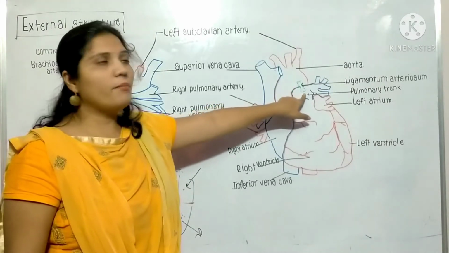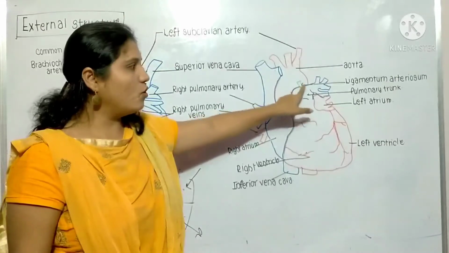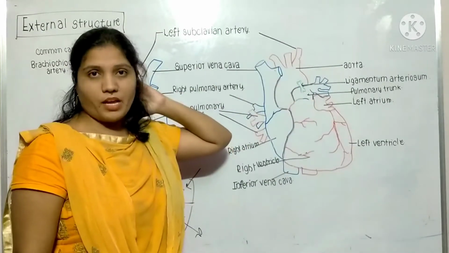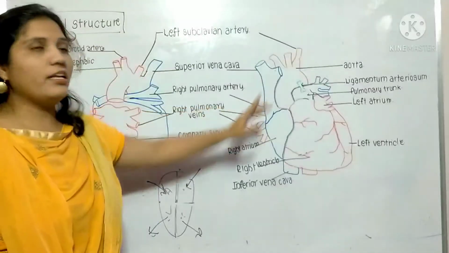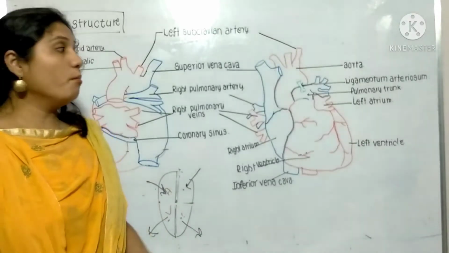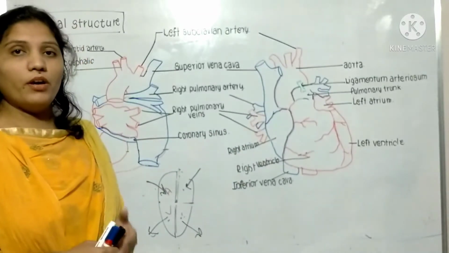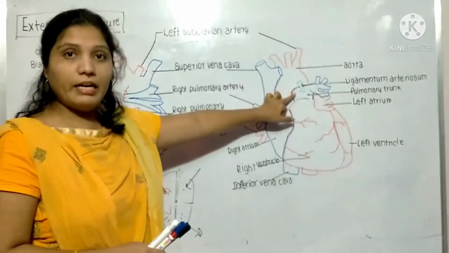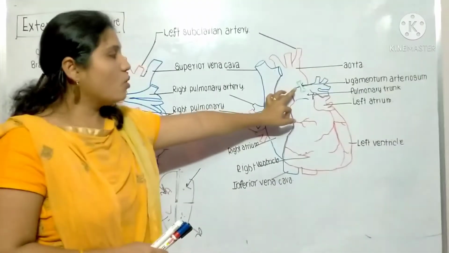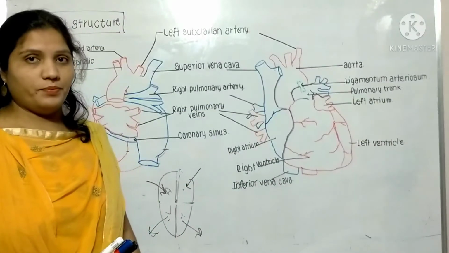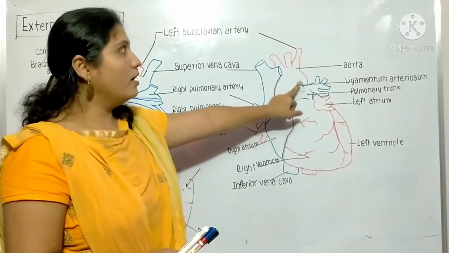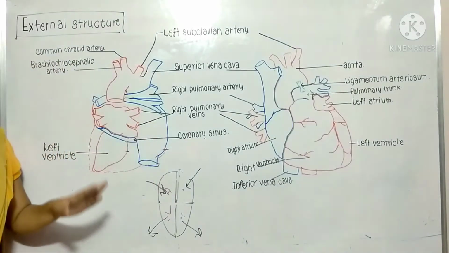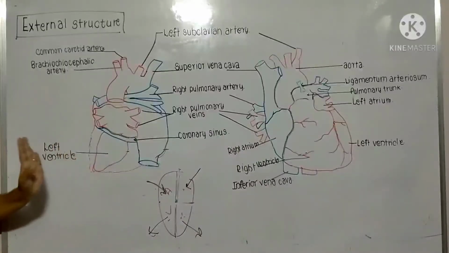This ligamentum arteriosum is a remnant of the embryonic duct, which is also known as the ductus arteriosus. So this is the external structure of the human heart.